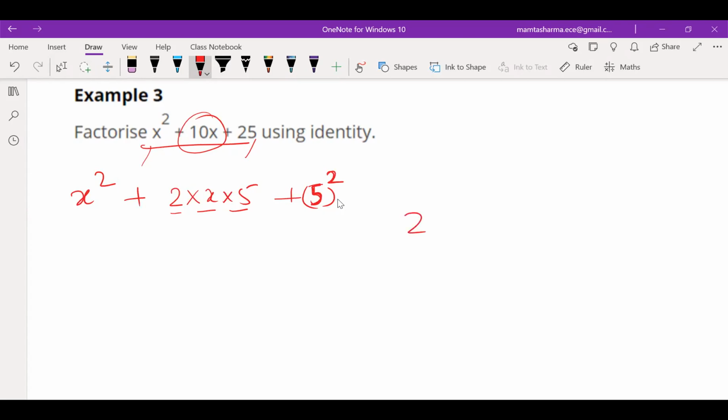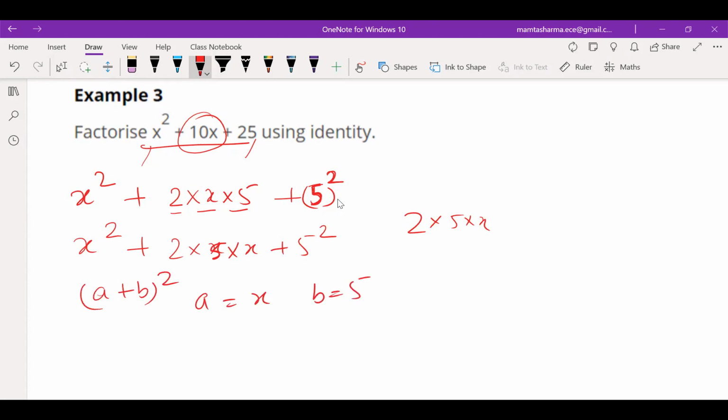You can say 2 into 5 into x, same thing. So you are getting x square plus 2 into 5 into x plus 5 square. This is the identity (a plus b) square, where a is x and b is 5. So you are getting (x plus 5) whole square. The factors of this expression would be (x plus 5) square. Clear?